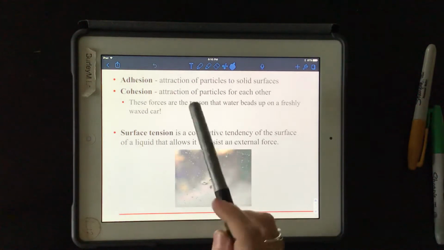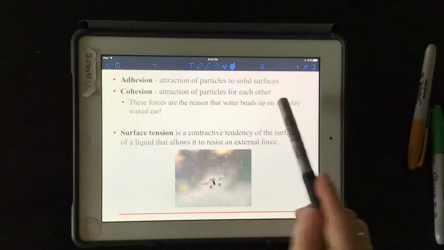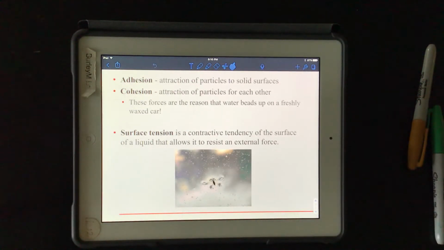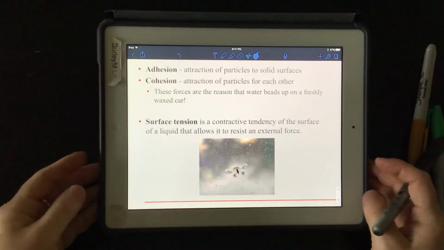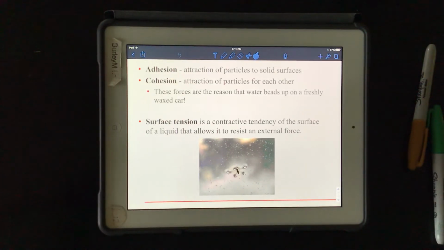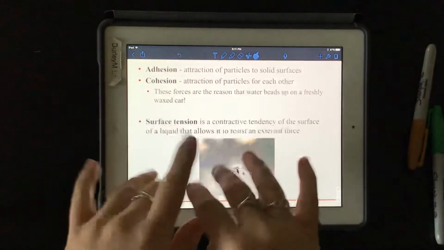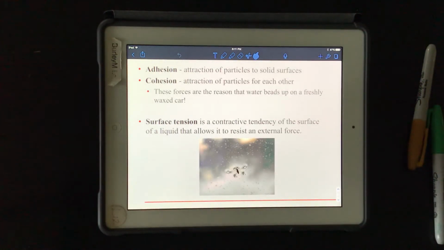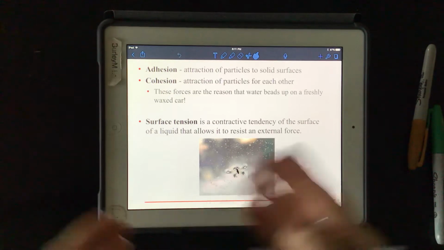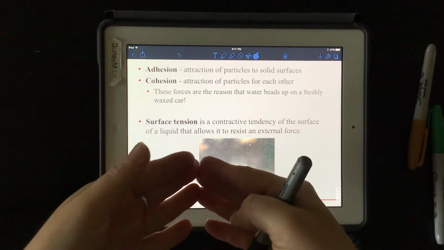Cohesion is the attractive force between particles for each other. For instance, a water molecule feeling an attraction toward another water molecule. Think about how, if you are in your car waiting to pick a friend up from practice and it's raining outside, you notice that the drips of water on your car window tend to stick together.